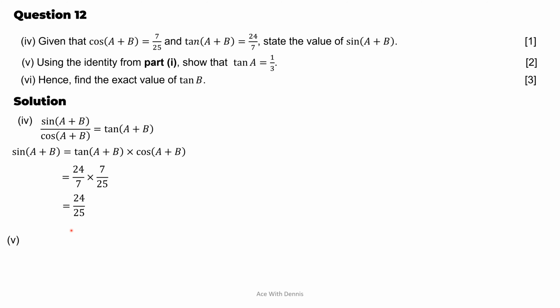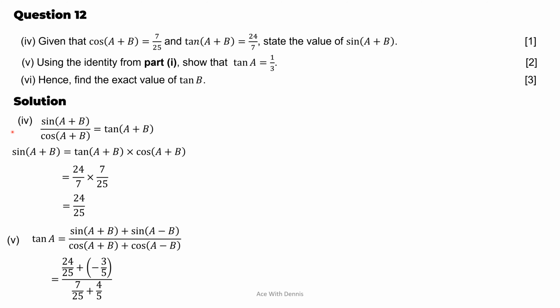For Part 5, from Part 1, we can modify the equation, which is tangent A equals sine (A plus B) plus sine (A minus B) over cosine (A plus B) plus cosine (A minus B). Okay, so we have all the values here, right? Sine (A plus B) from here is 24 over 25.